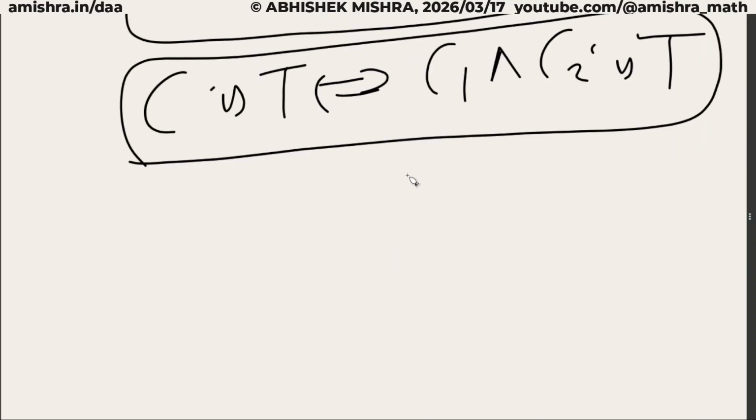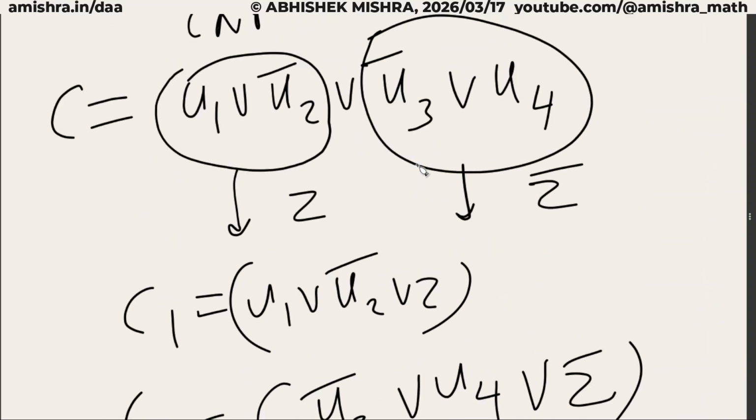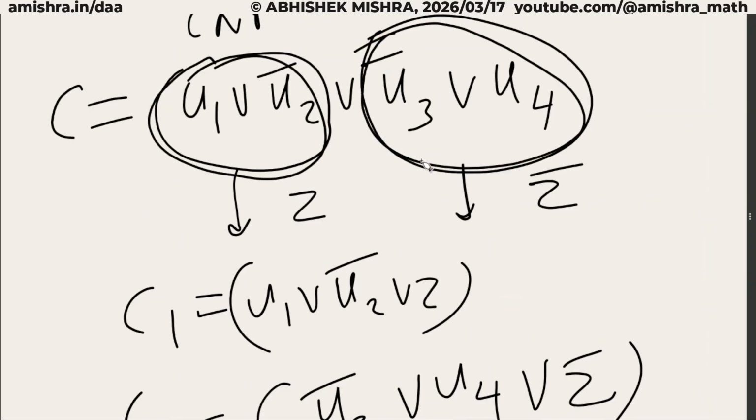So first assume that C is true. This implies, as I explained earlier, that at least one of the two halves has to be true.